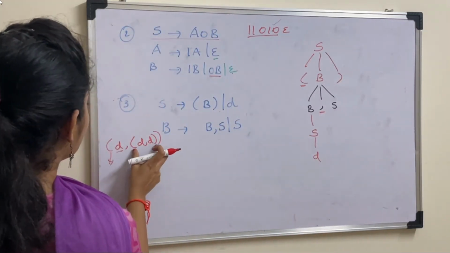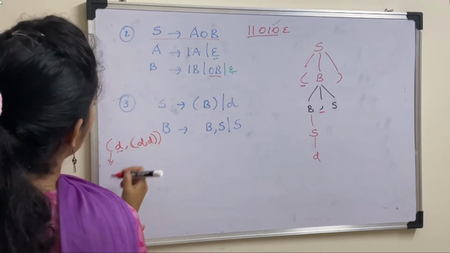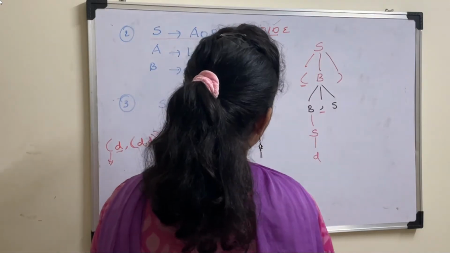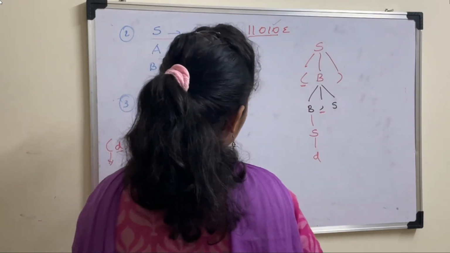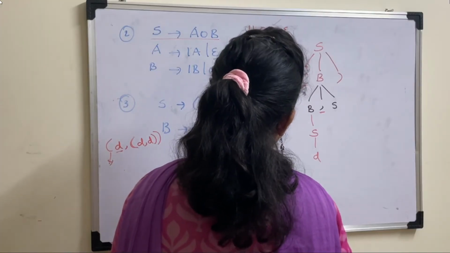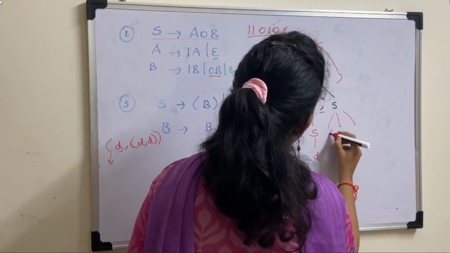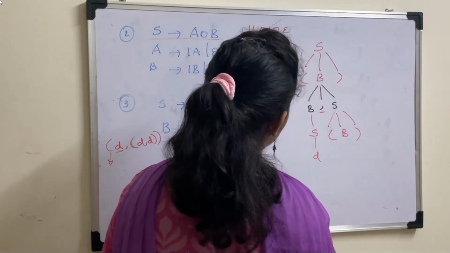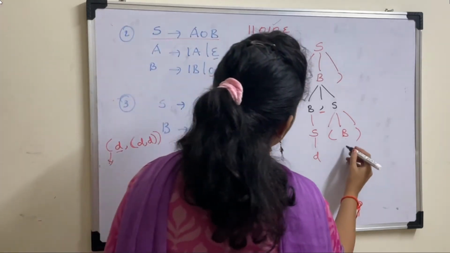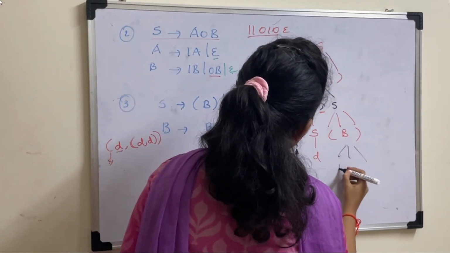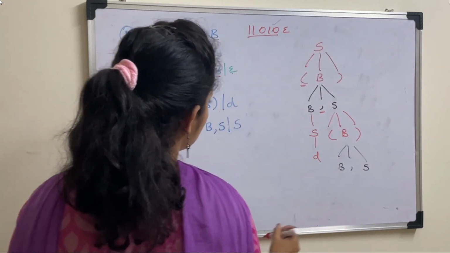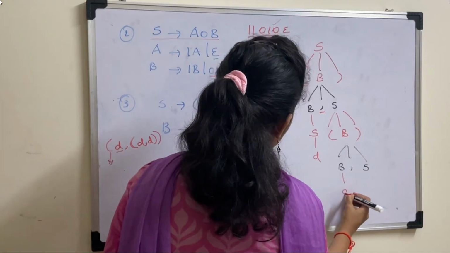Now we need to derive the second set, that is again you need to get open bracket, next d. You can follow the same procedure. So again this S derives open bracket B, and now you can replace this B with B comma S and replace this B with d.